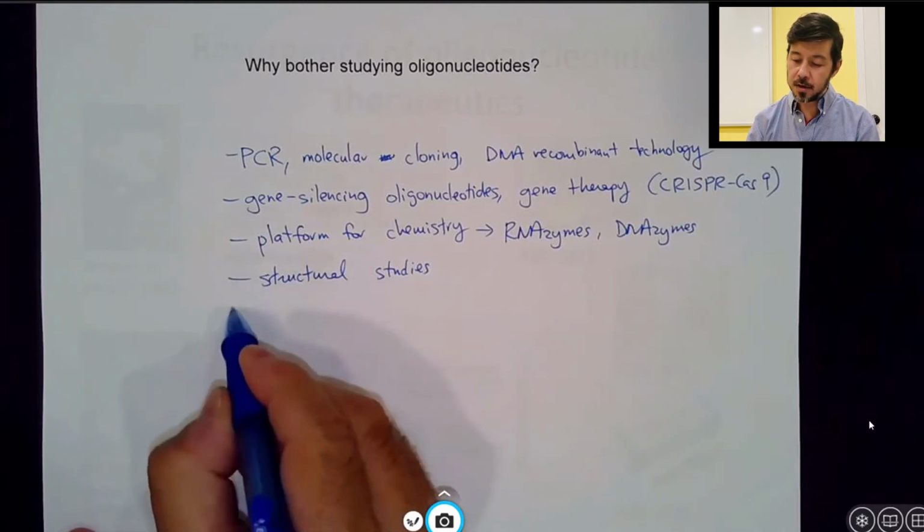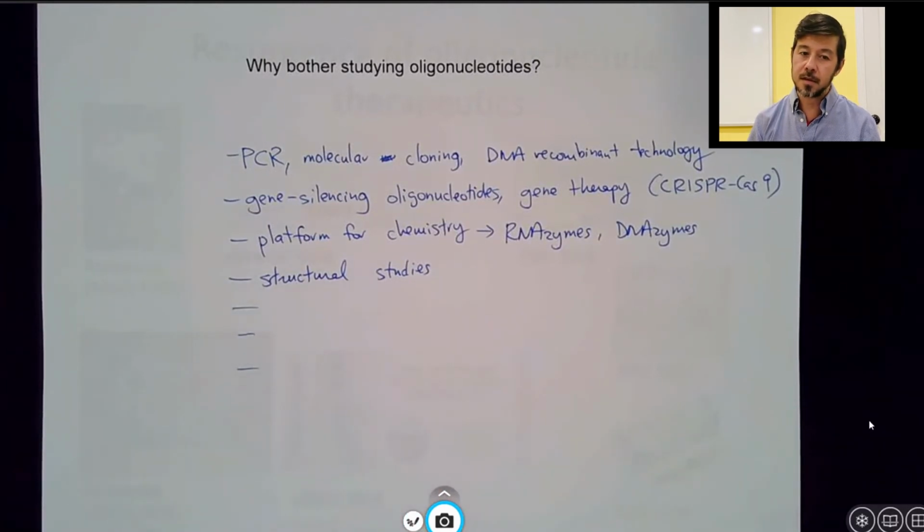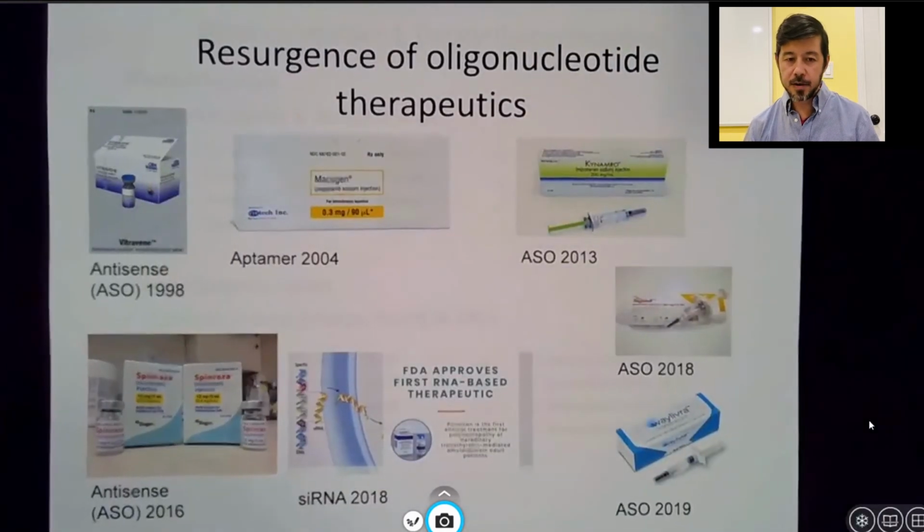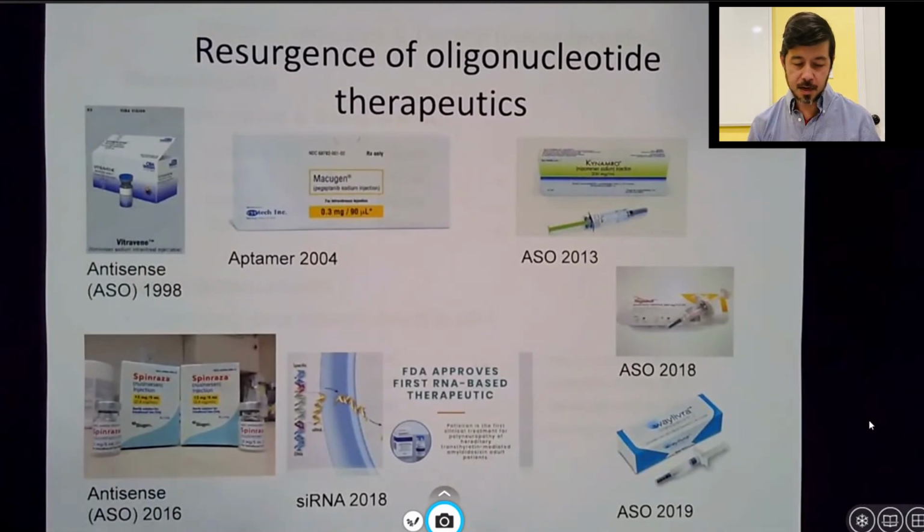So this list can go on and on, but there's a great need to study and to be able to generate large quantities of oligonucleotides. This is actually a very interesting and very exciting time to be in the field of oligonucleotides, because there actually is a fairly large resurgence and confidence in oligonucleotide therapeutics.